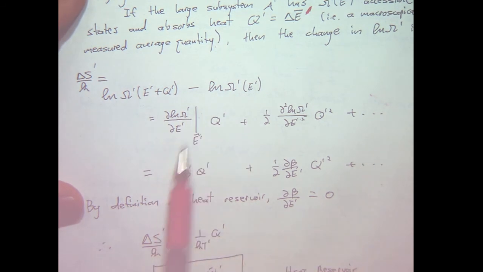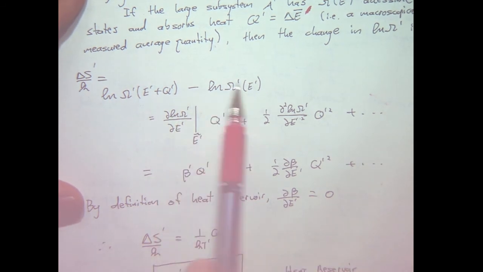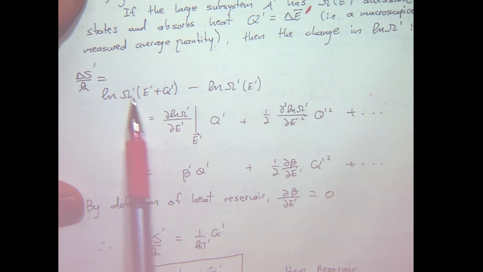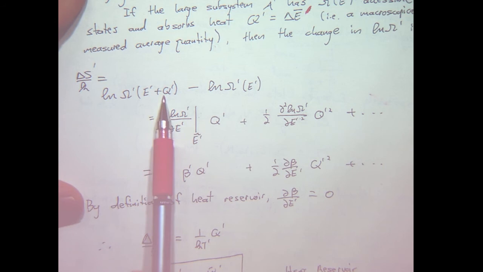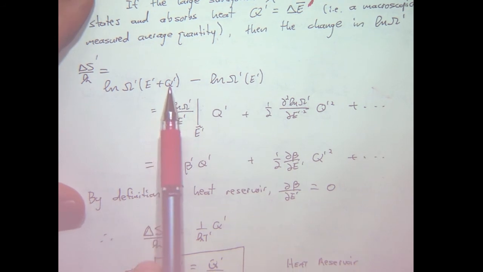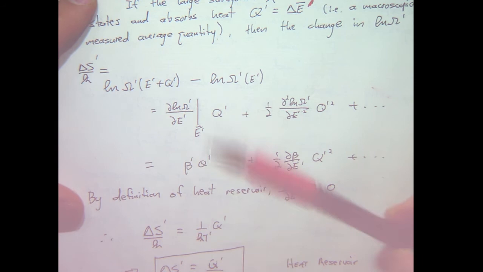And Taylor expand the log of omega prime about the maximum in powers of the heat, because this is going to be a relatively small quantity.